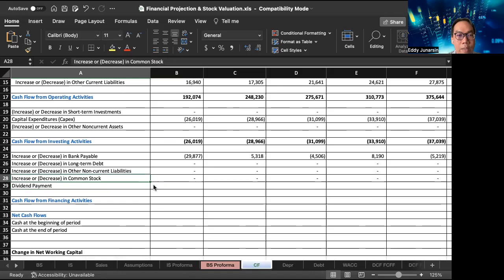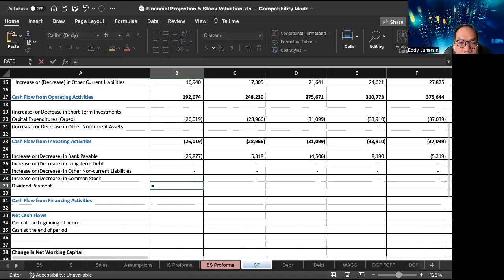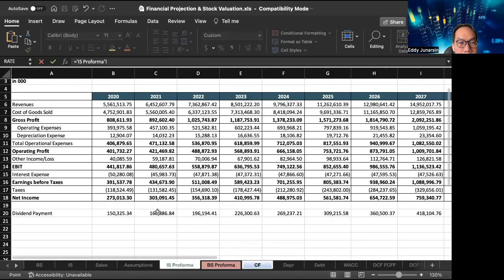Okay, and yeah, dividend payment. Dividend payment, you could find the information here. Yeah, 2021.